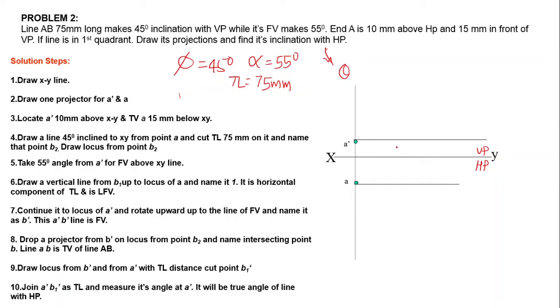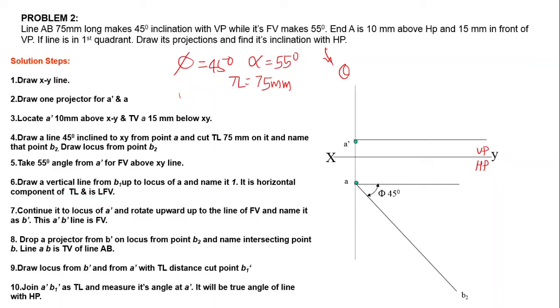Then we can draw the true inclination with VP. Phi is equal to 45 degree. We can mark that 45 degree and we have to represent that true length in top view.